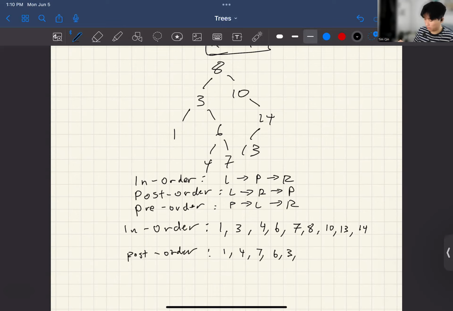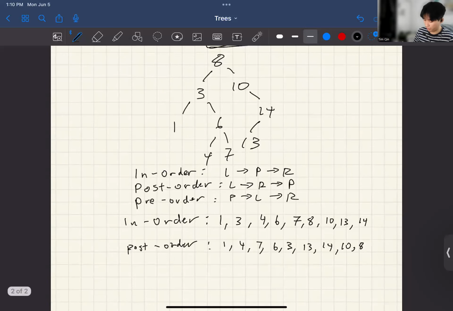So leftmost node 13, 14, then 10, and 8 would be the last element within this traversal.